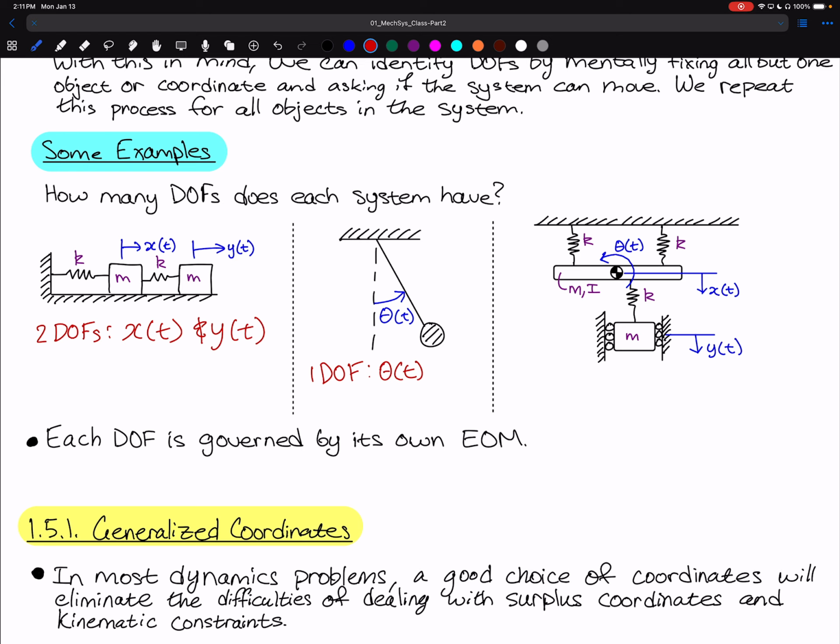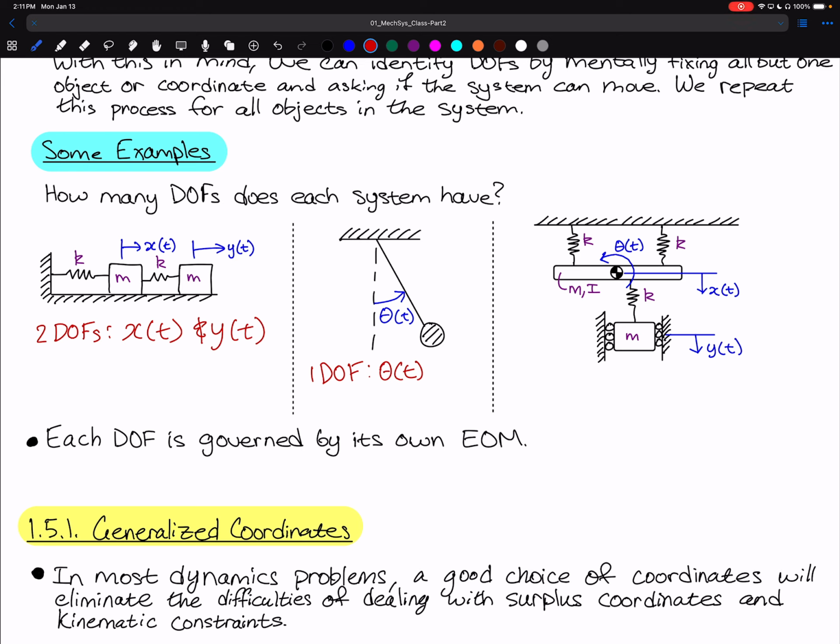degree of freedom. For this third system, we have 3 degrees of freedom. First, let's fix the bar completely. In that case, the only thing that can move is that mass, and it can only move up and down, so that's 1 degree of freedom, y of t.